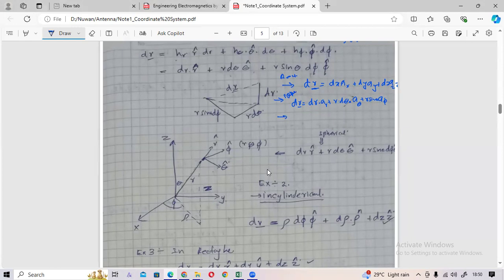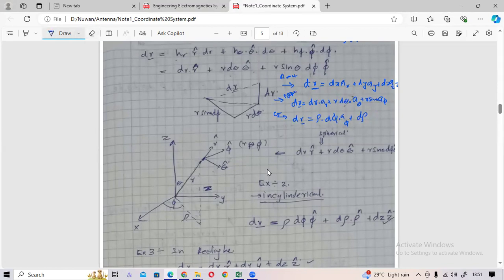Using the cylindrical coordinate, a very little shift can be written as rho d phi in the phi direction, a phi, plus d rho in the rho direction.